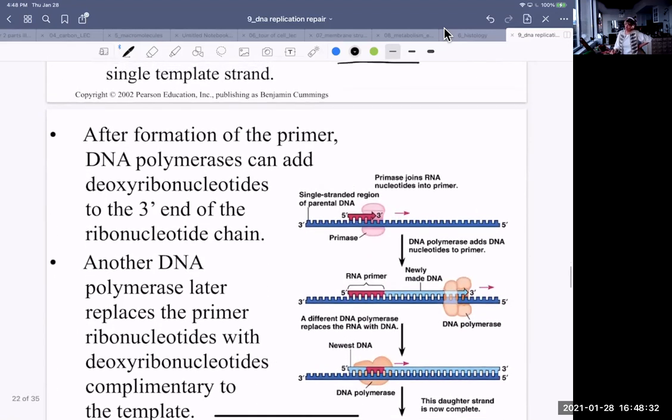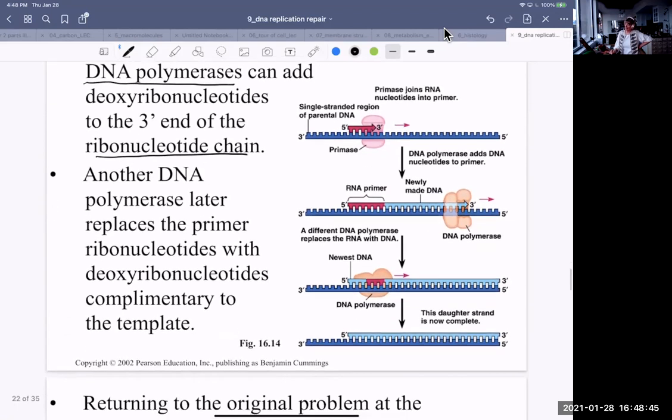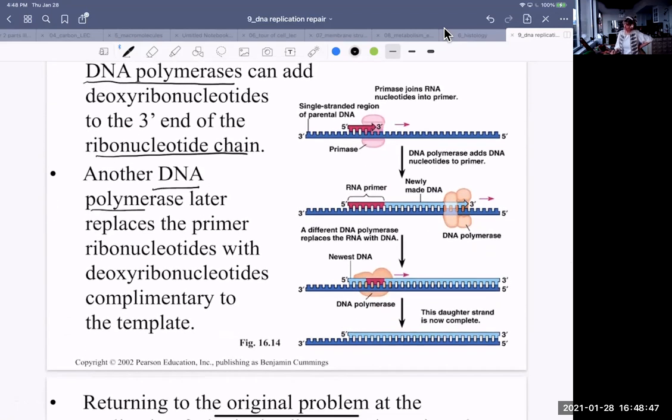After the primer is formed, then the DNA polymerases can add deoxyribonucleotides to the 3' end of the ribonucleotide chain. Later, another DNA polymerase, a different one, replaces the primer. So eventually the primer, because it's RNA, not DNA, has to be taken out and replaced. And that's possible with this different DNA polymerase.